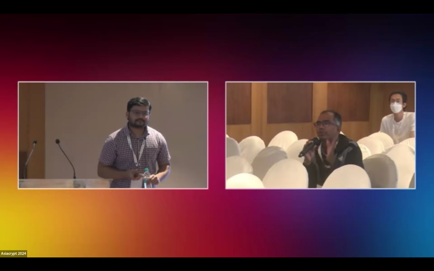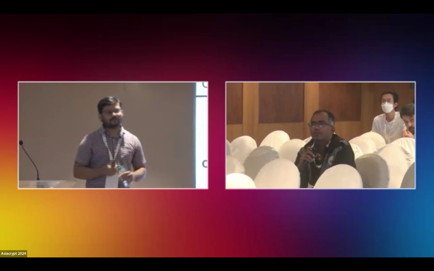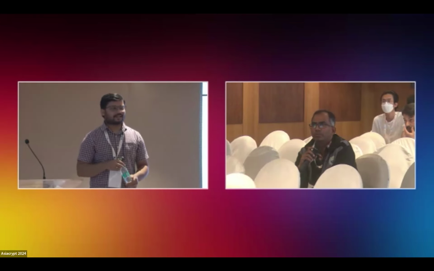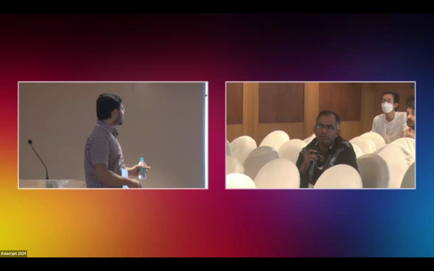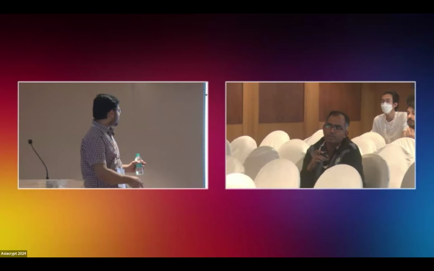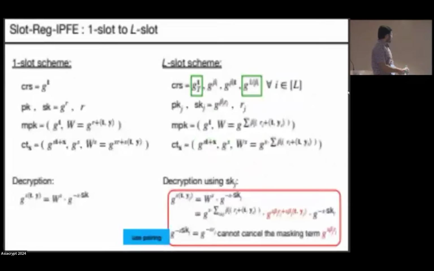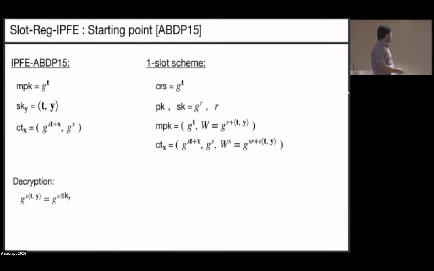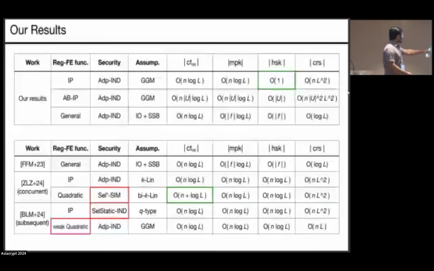From the constructions, it looks like Q-type assumptions. What is the bottleneck? Why were you not able to come up with the Q-type? No, it could be possible. As I said, it could be possible to introduce a Q-type assumption, but we wanted to keep the ciphertext short. If you can see the table, our work only achieves a constant helper decryption key size.